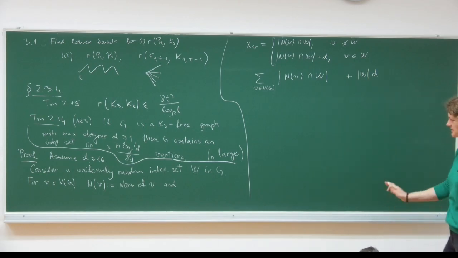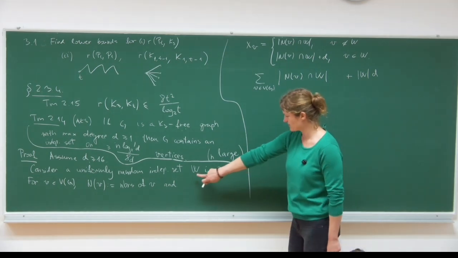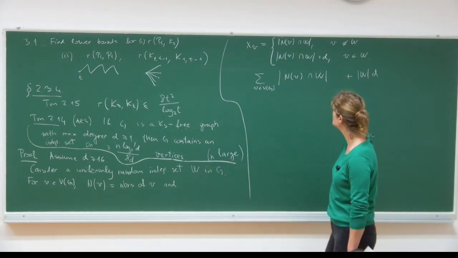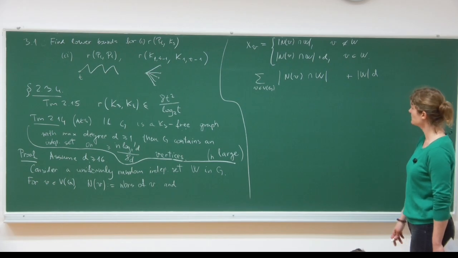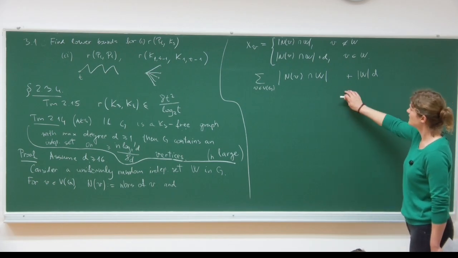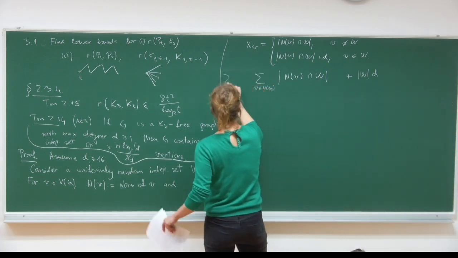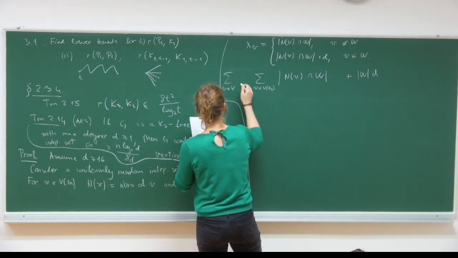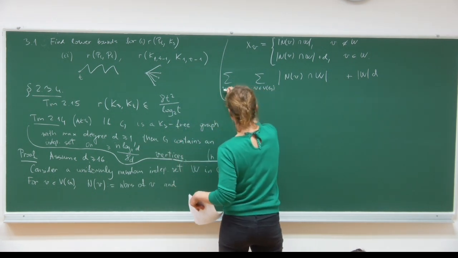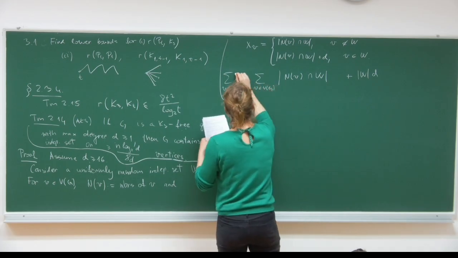That's very briefly. So we're working in this triangle-free graph, and we have chosen a random independent set W, and we're trying to calculate the expected size of W. And now this is the sum of xv, over v in big V, which means the vertices of G.